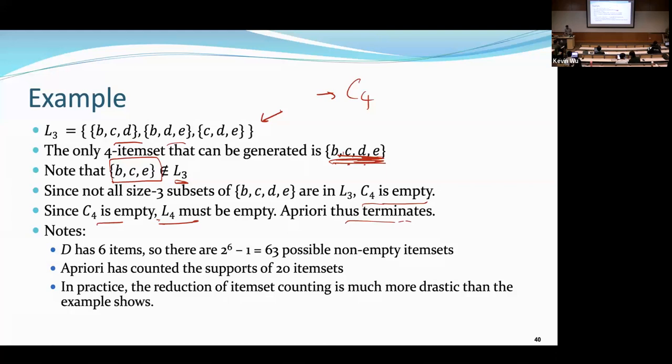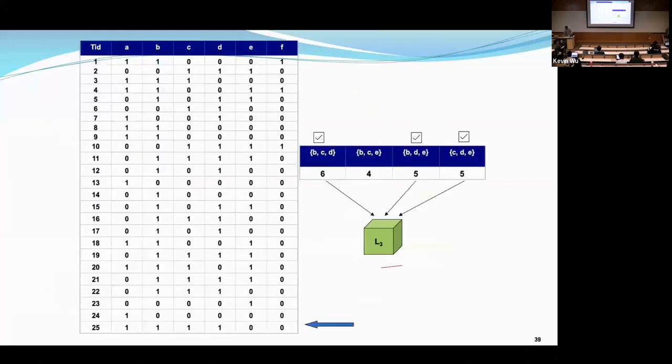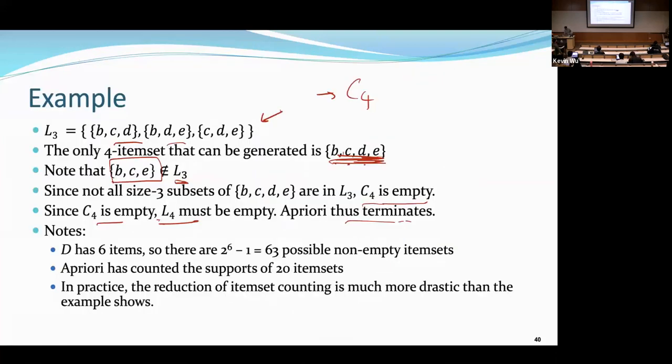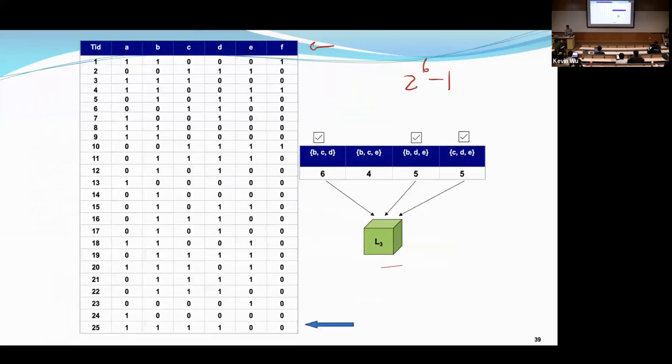Now notice that in this toy example, we have 6 items. So previously we said that there are 2 to the power 6 minus 1, or 63 possible item sets that we have to check the frequency, right? However, with the apriori algorithm in this process, how many item sets whose support are counted? Well, for size 4, there are 4.